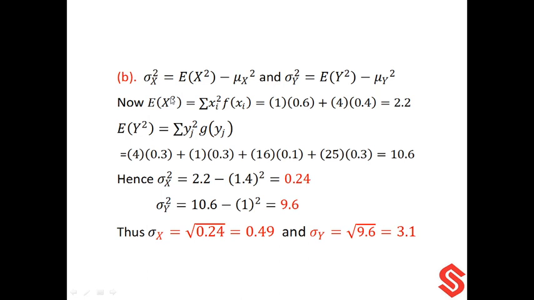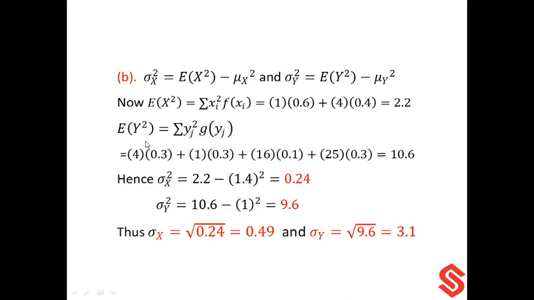Next, B, variance of x is E of x square minus mu x square, and variance of y is E of y square minus mu y square. So first let us find E of x square, using the formula summation xi square f of xi: x1 square f of x1 plus x2 square f of x2, that is 2.2.